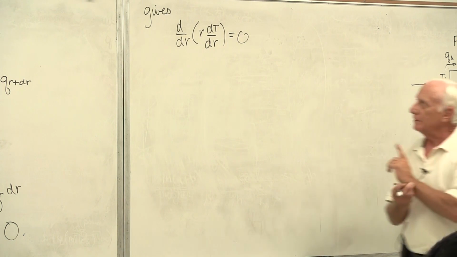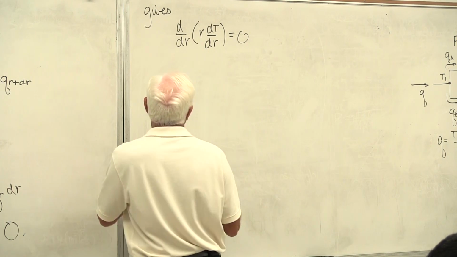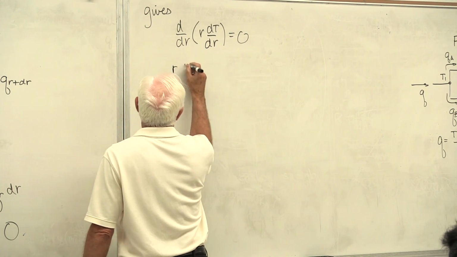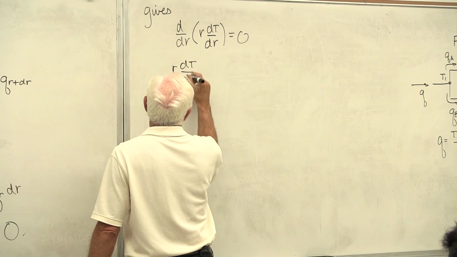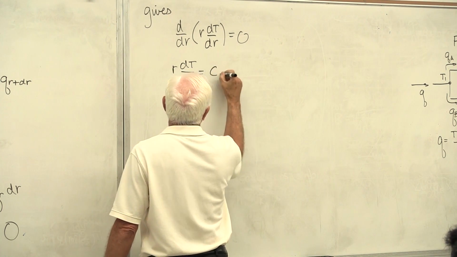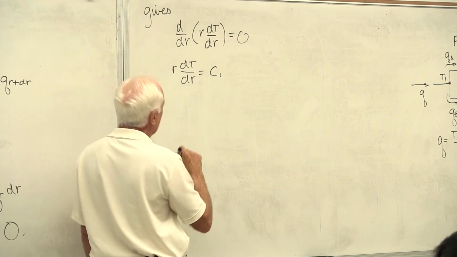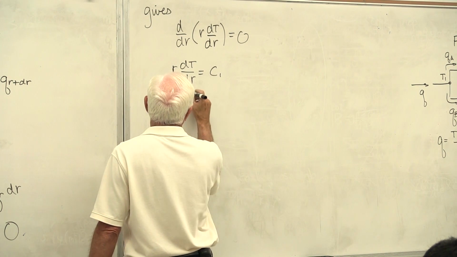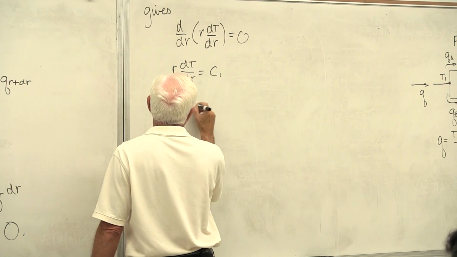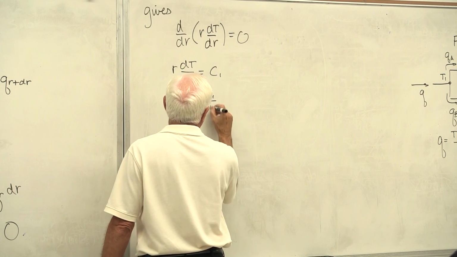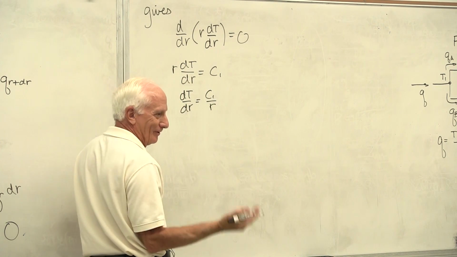Let's go ahead and integrate this once. r dT/dr must be a constant, C1. Divide both sides by r: dT/dr equals C1 divided by r. Integrate it.